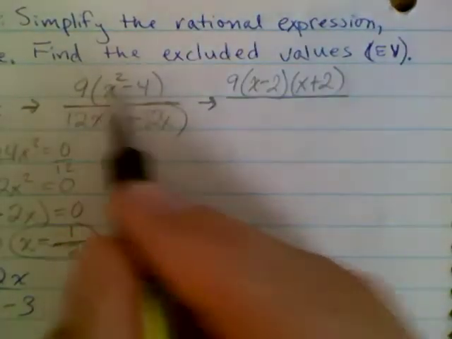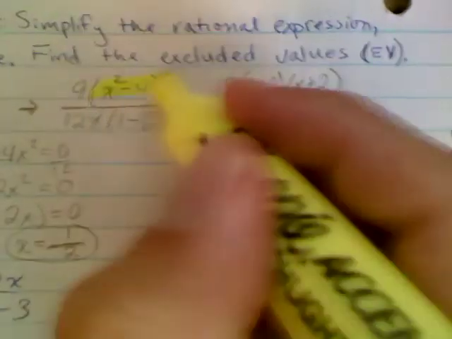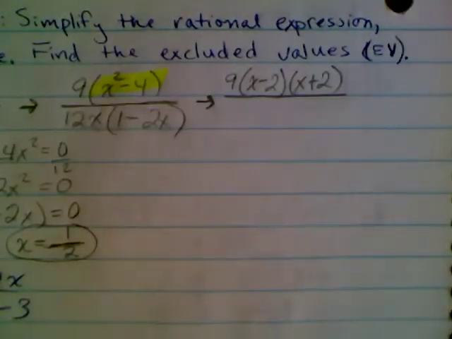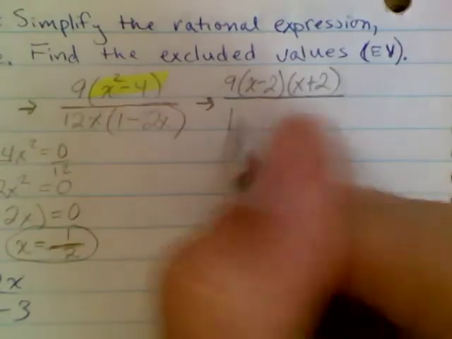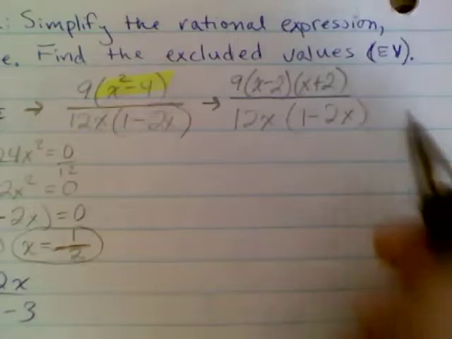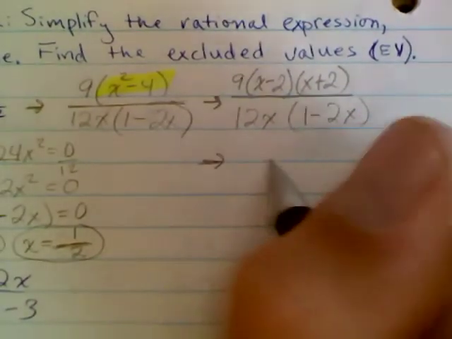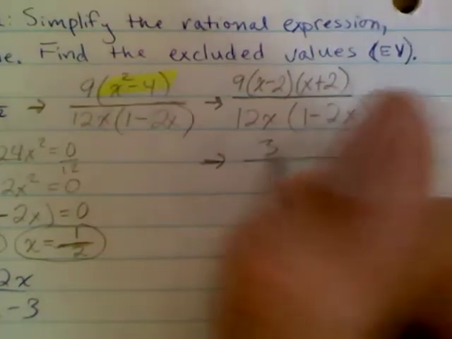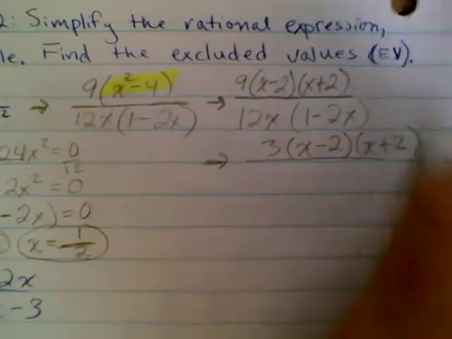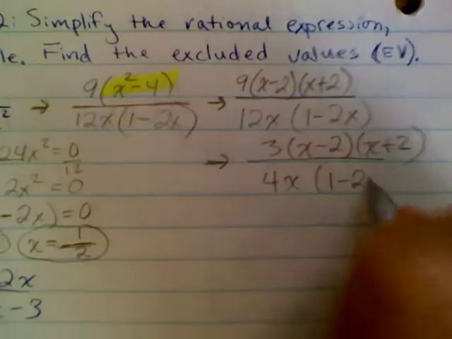All I did was factor this x squared minus 4, which is (x minus 2)(x plus 2) by the difference of squares pattern, and then 12x and 1 minus 2x. So 9 and 12 simplify to 3 over 4. I think that is all the simplifying we can do for this question. So 3 over 4x times (1 minus 2x).